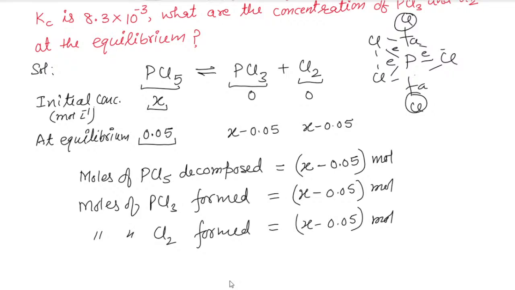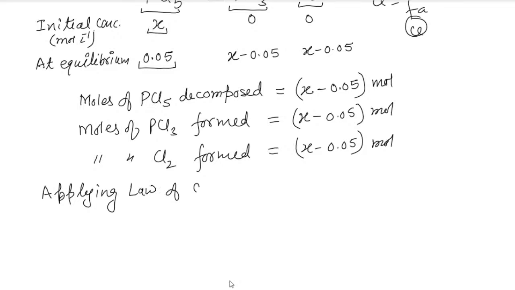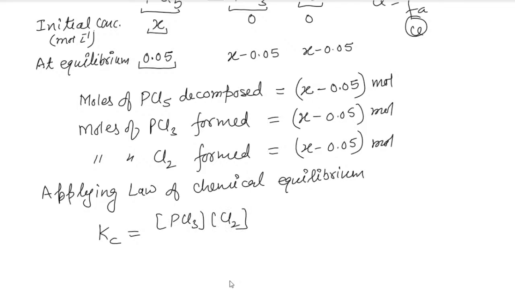Okay, great. So now apply the law of chemical equilibrium. Kc is equal to PCl3 times Cl2 over PCl5.